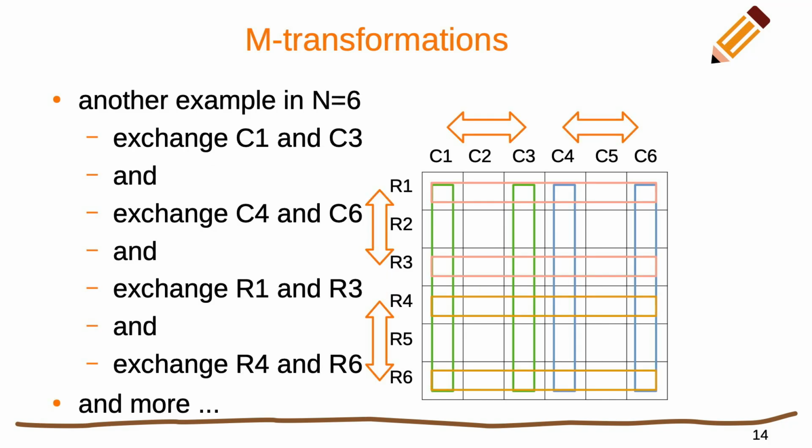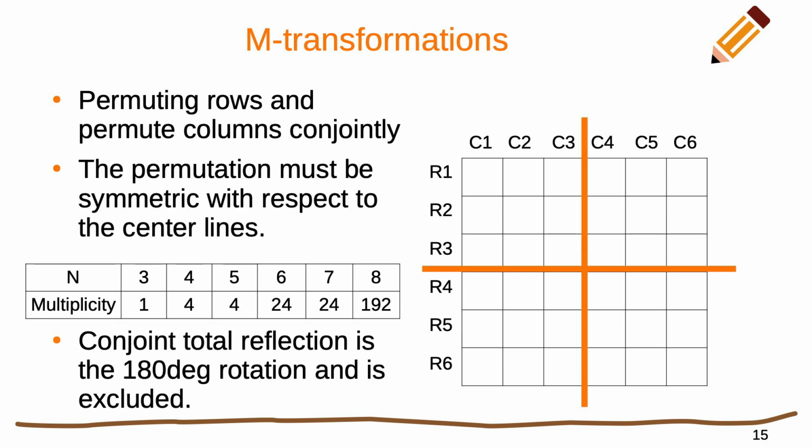Here is another such transformation, and there are more. The rule of M transformation is to permute rows and columns conjointly, or to apply the same permutation to both rows and columns. Additionally, the permutation must be symmetric with respect to the center lines, which are depicted here.